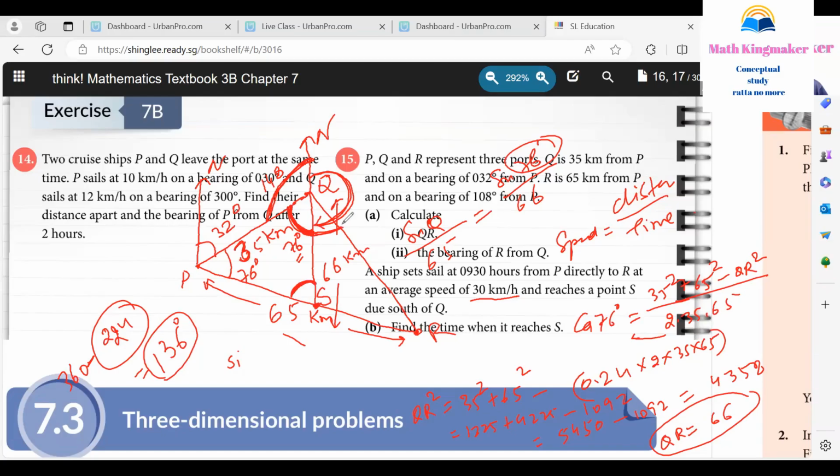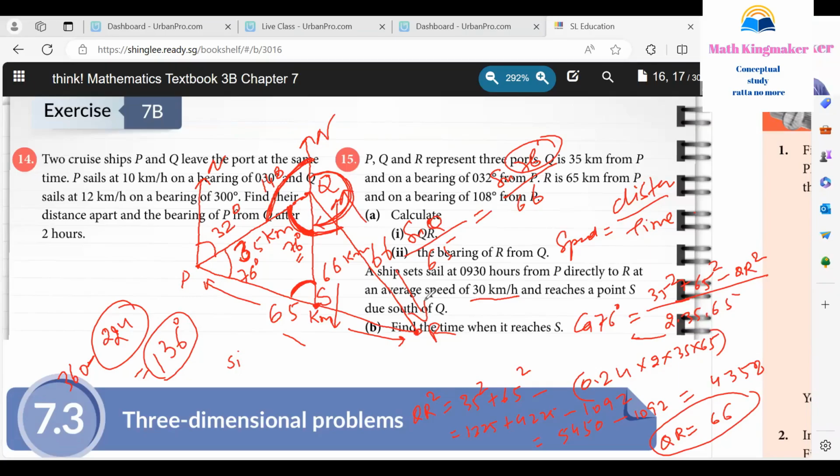So if these two angles are the same, then the opposite side will be the same. As QR is 66, we know QR.